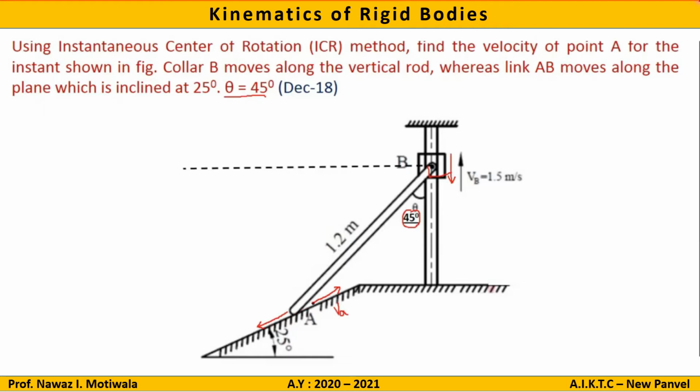So perpendicular to this line of velocity will be somewhat like this. So I will make this as my line. You can see that this line is perpendicular to the velocity, and wherever these two perpendiculars meet, this is your ICR. I have written I because there is only one ICR, so I have named it as I.